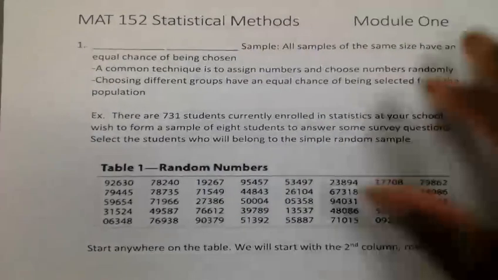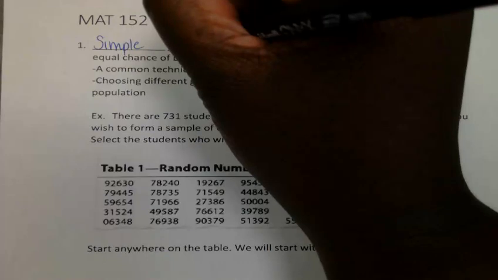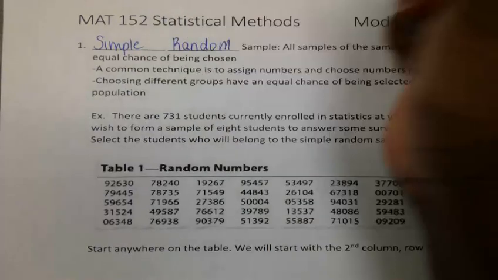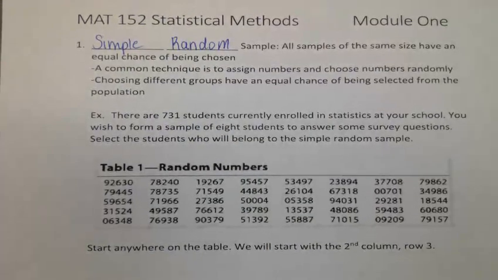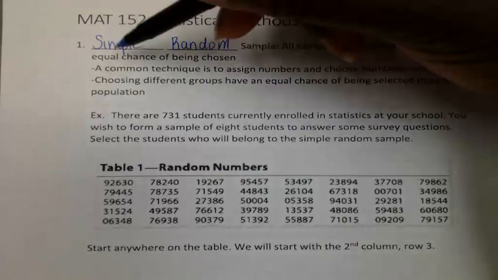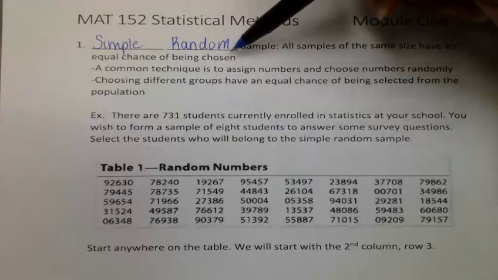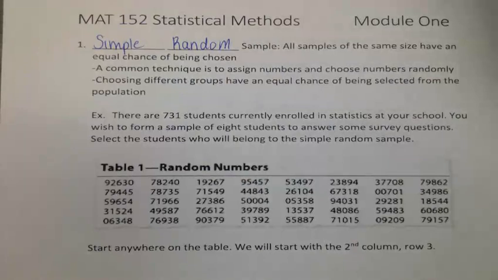These are the ones you'll be tested on. Simple random sample. So random was just one person being chosen for the experiment. Now, with simple random, all samples of the same size have an equal chance of being chosen. That means the different types of samples that we can make can equally be taken.